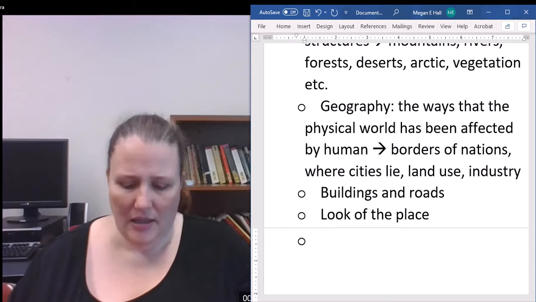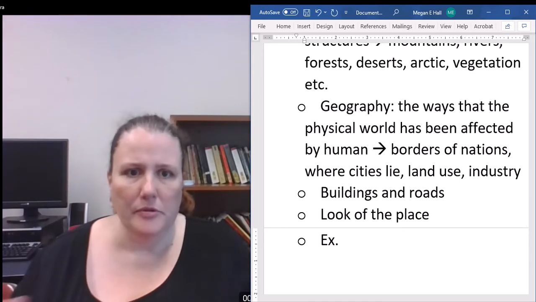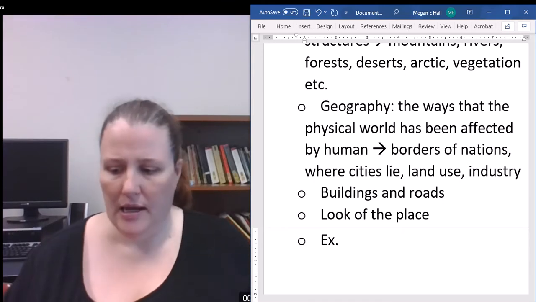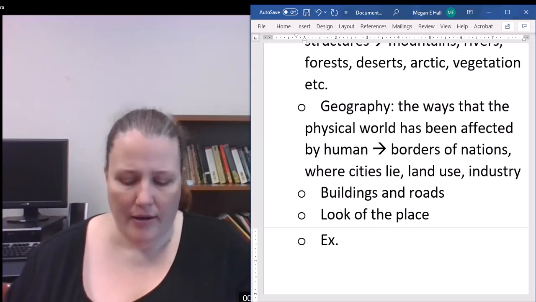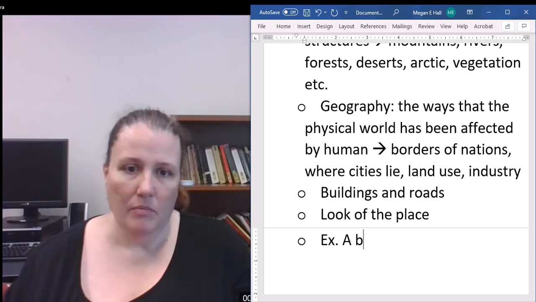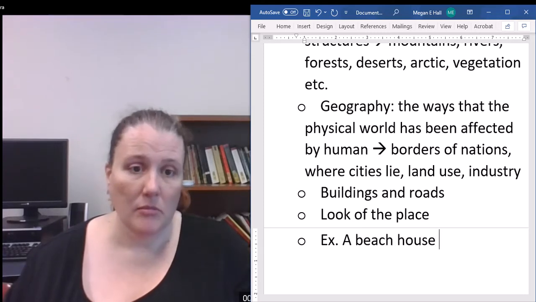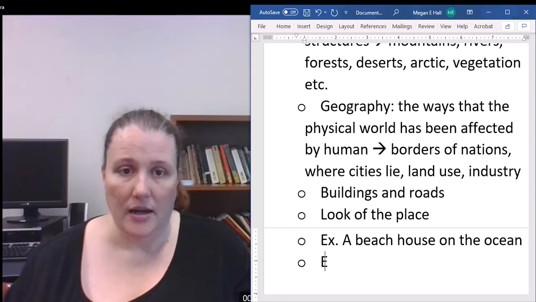Yeah, so let's have some examples. Those are things that would go into an environment. Do we have a beach house on the ocean? That's our setting, right?